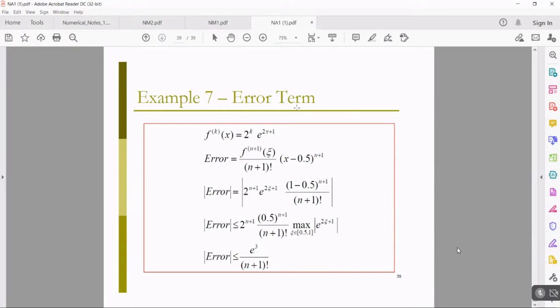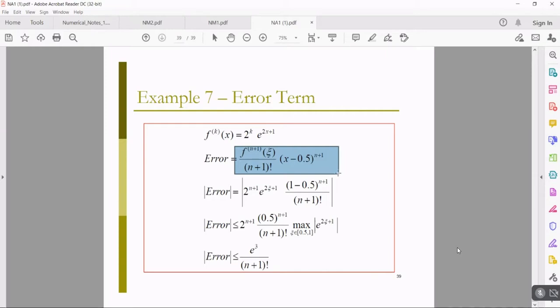Now we calculate the error. If you remember the remainder form of the error, it is the (n+1)th derivative at the point xi, where xi lies between a and x, upon (n+1) factorial, times (x - a)^(n+1).